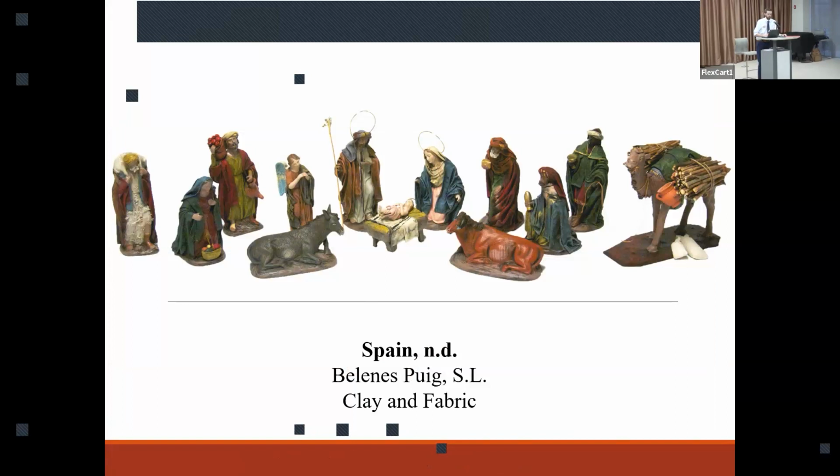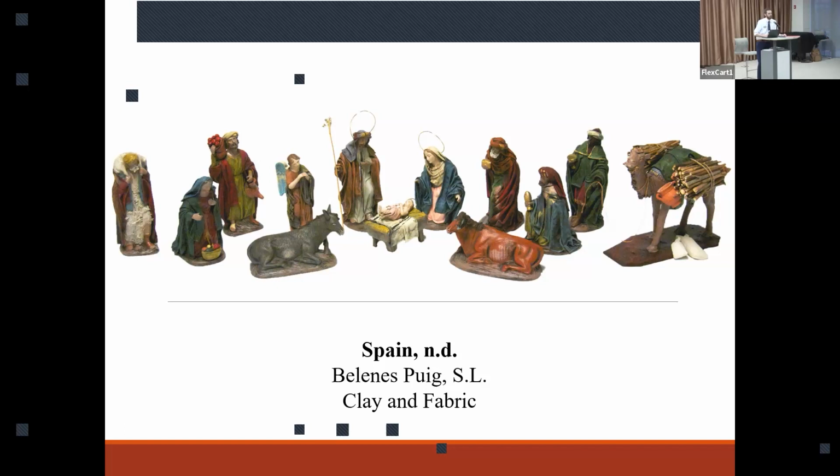I highlighted a lot of our better known pieces, and hope you enjoy seeing the variety of the creches in our collection. Again, we would not have this without James Govan, who's still with us. He lives in the suburbs of Washington, D.C., and is still very much involved in the creche exhibits from year to year. We'll often go back and ask him questions about specific pieces that we don't have information on.